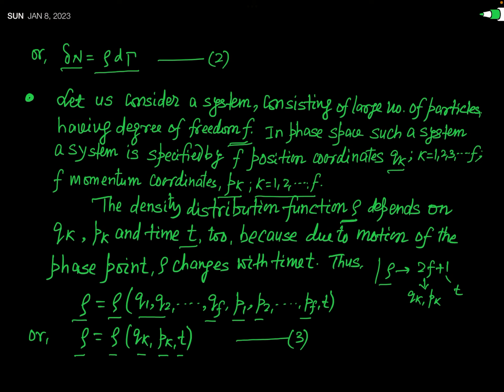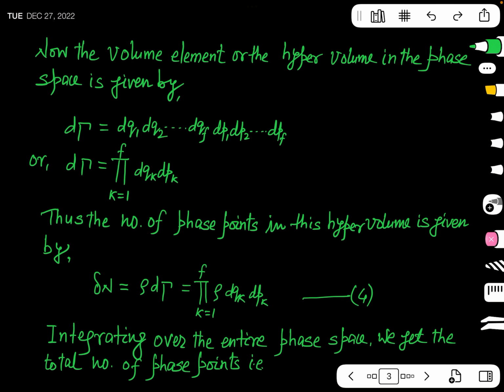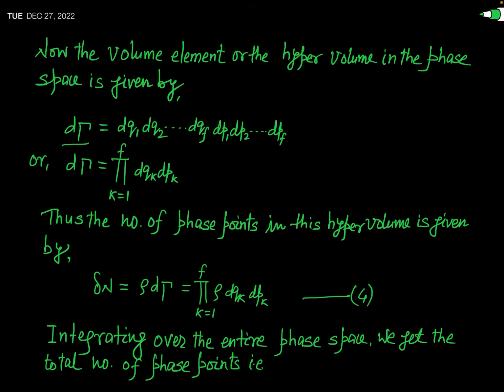Now, as I have defined the density distribution function in equation 1 like rho equal to delta n divided by d gamma, where d gamma is a hypervolume in the phase space. How this hypervolume d gamma in phase space is defined, you have already learnt in the previous lecture. You know that this hypervolume in phase space is defined like this.